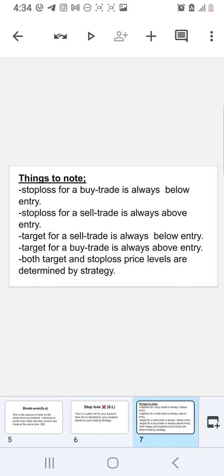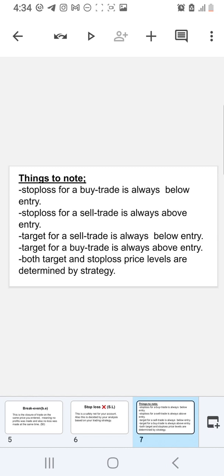Things to note about stop losses and take profits. The stop loss for a buy trade is always below entry. Take note. The stop loss for a sell trade is always above entry. The target for a sell trade is always below entry.